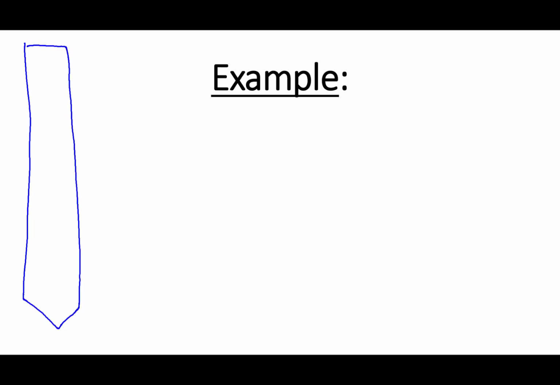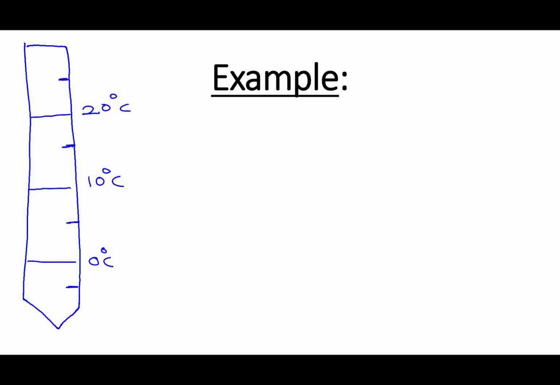Let's do one more. Let's do another thermometer. And it goes from, again, 0, 10, 0, 10, 20, and etc. Okay? And it goes up by, this is the increments.